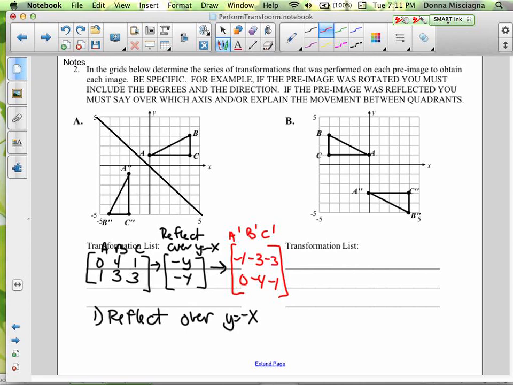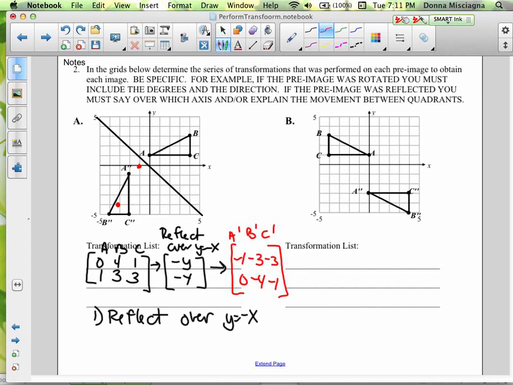So that should be here, negative 1, 0, negative 3, negative 4, and negative 3, negative 1. And we have that, yeah.